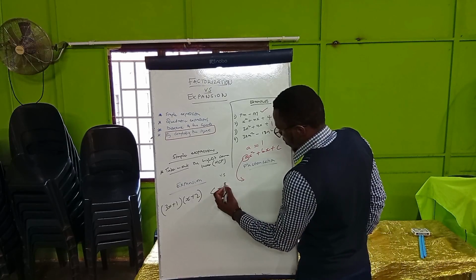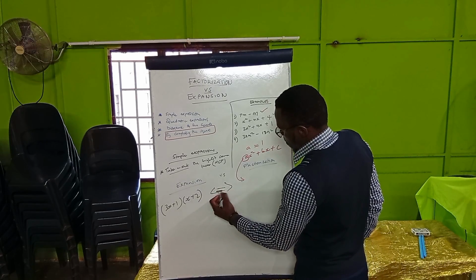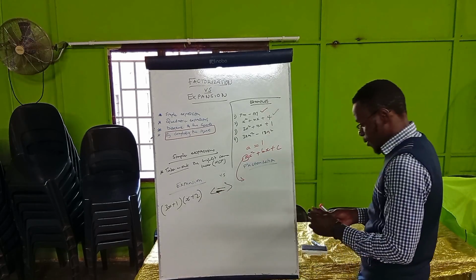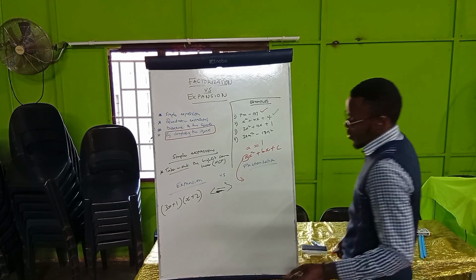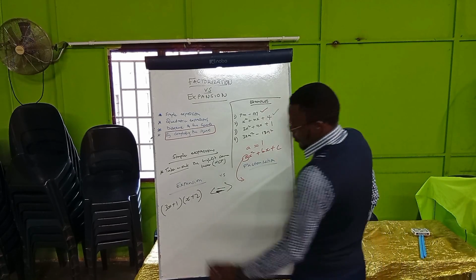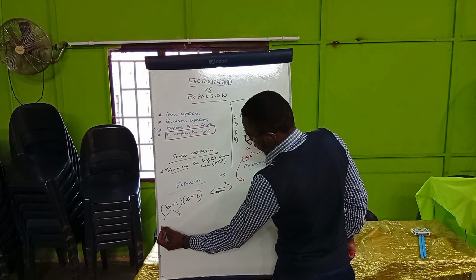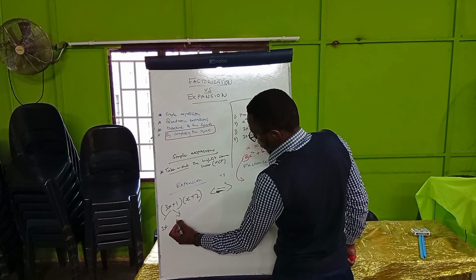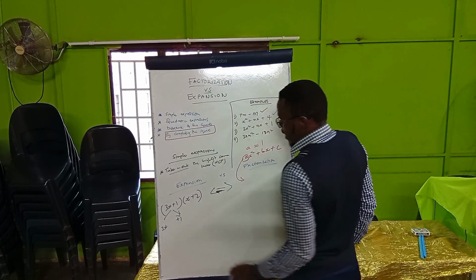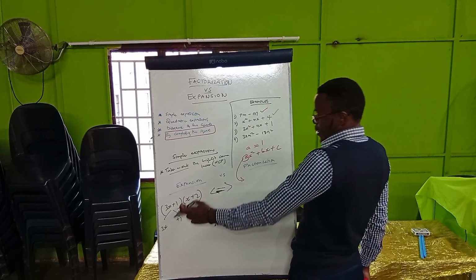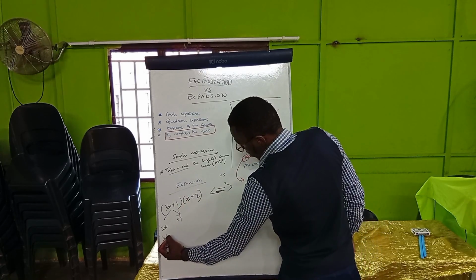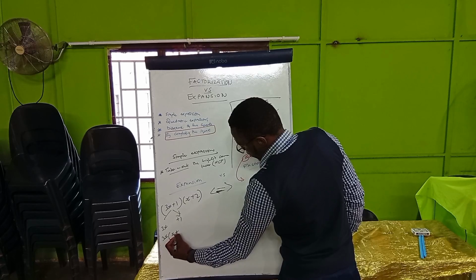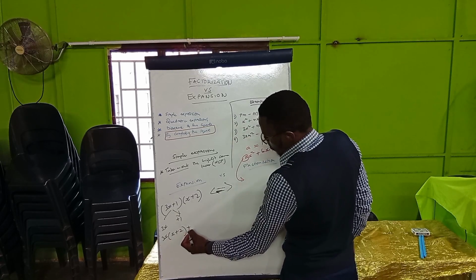So I'll write these arrows like that. In this case, again, you split the first bracket and then multiply each term by the second bracket. So it would be 3x times x plus 2, plus 1 times x plus 2.